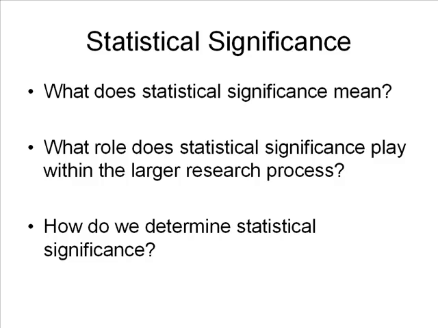We have seen that by eliminating chance as a possible explanation, we have gone one step closer to actually identifying and concluding that the treatment was indeed the reason for our groups performing differently. And finally, how do we determine statistical significance? That is accomplished by comparing our observed results to pre-existing criteria or expectations.